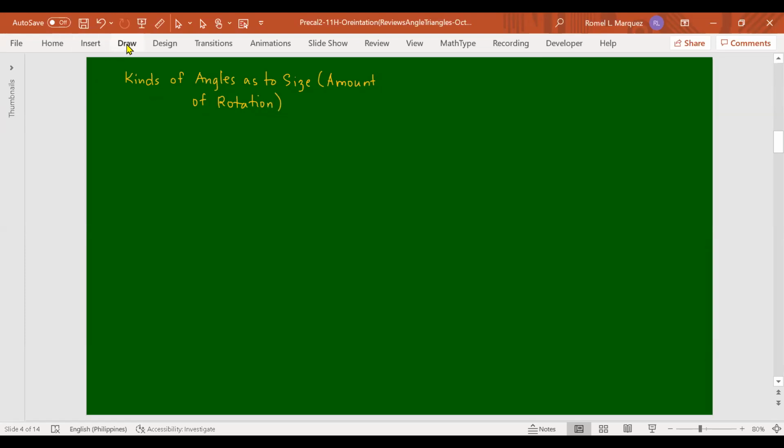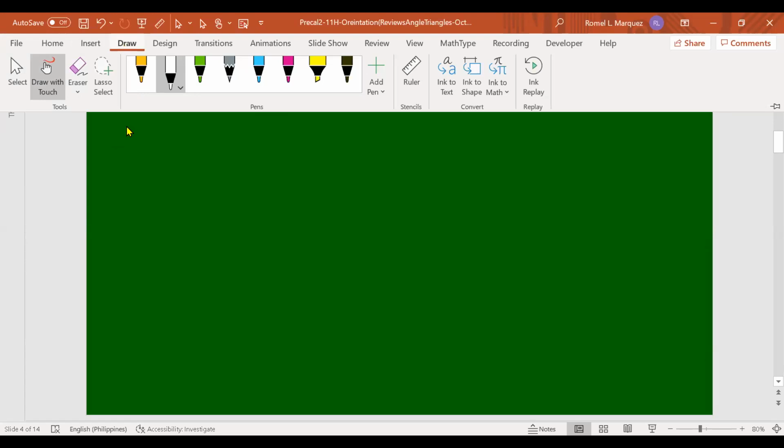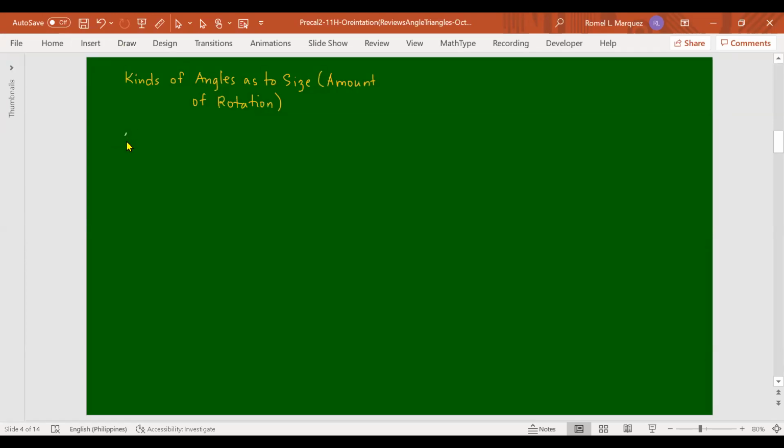What about smaller than that? Acute angles, sir. So we have acute angle. And this measures what? Less than 90 degrees. Between 0 and 90 degrees, sir.